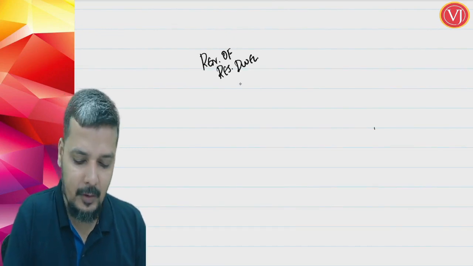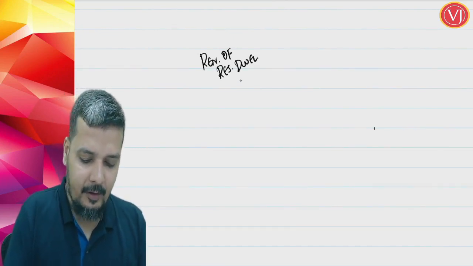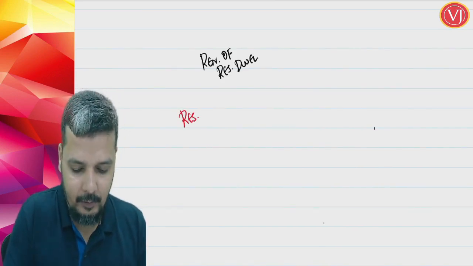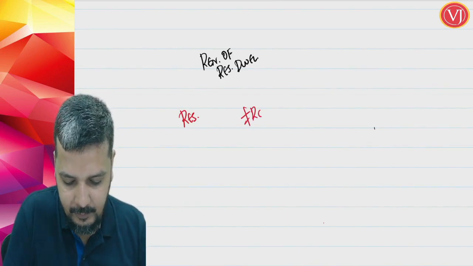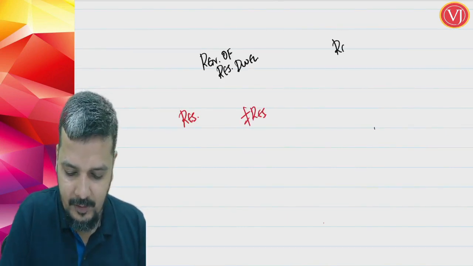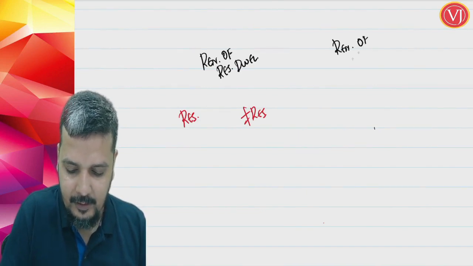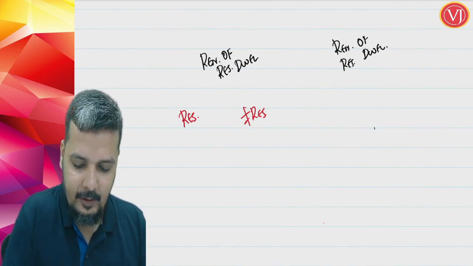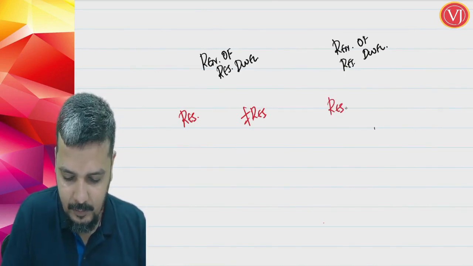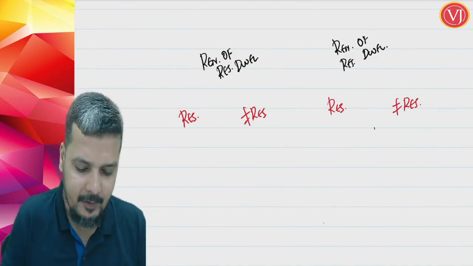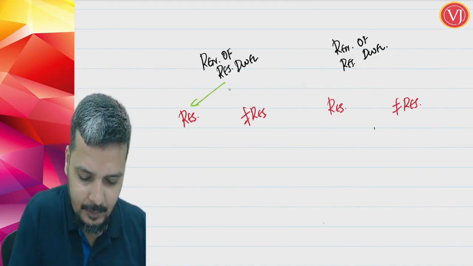When you talk about renting of residential dwelling, previously you have to understand it this way: whether it was used for residence or not used for residence. Now again you ask the same question, whether it is used for residence or not. You might use it for office purposes as well, or other purposes.